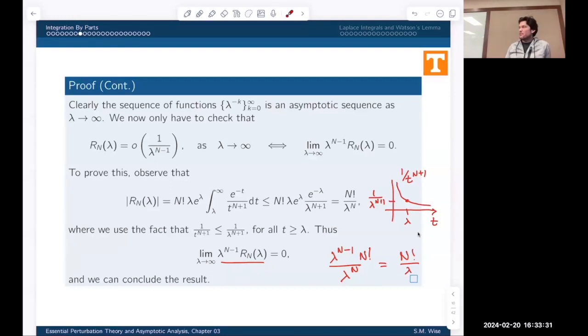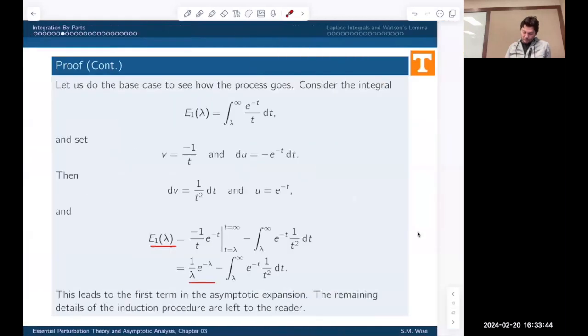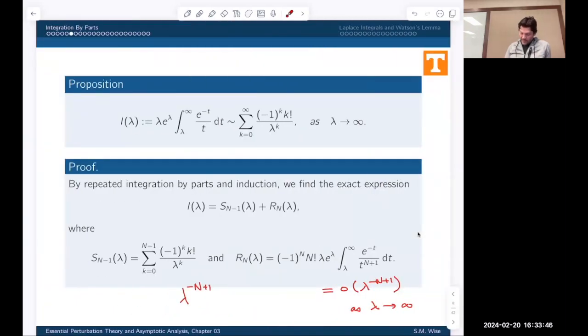Okay, so if I can show that, then I'm done because that is just this, and I have my asymptotic sequence. Remember what it means to be an asymptotic sequence. I look at the n minus first partial sum. What's the asymptotic sequence element involved with that highest order term in that sum?